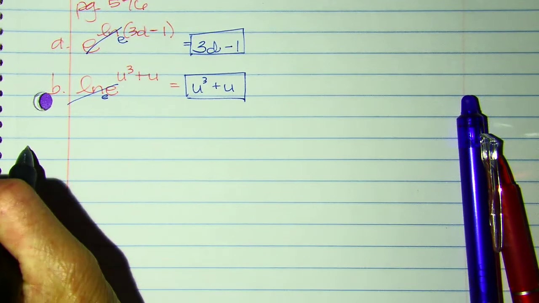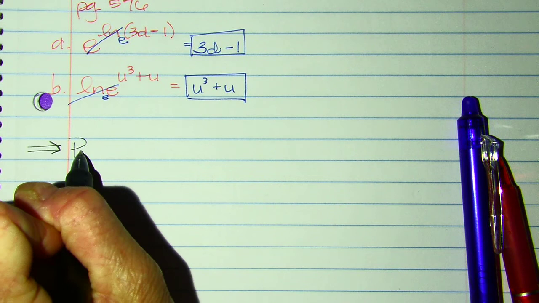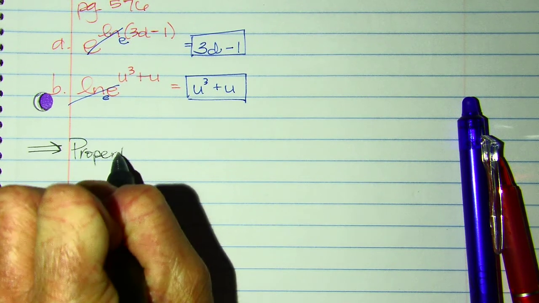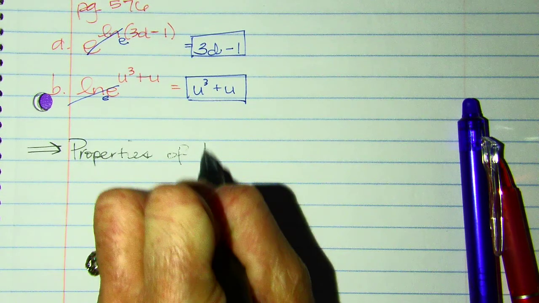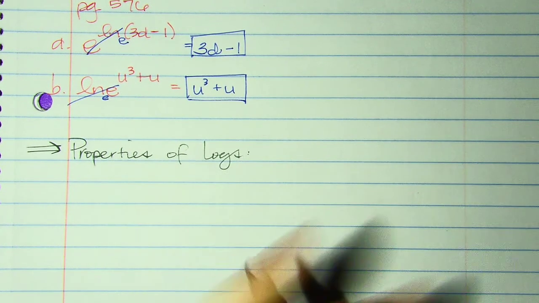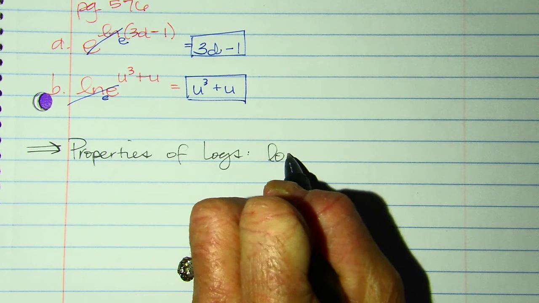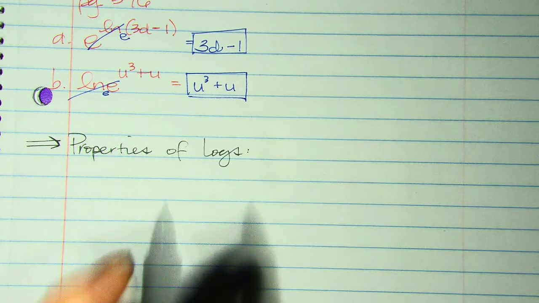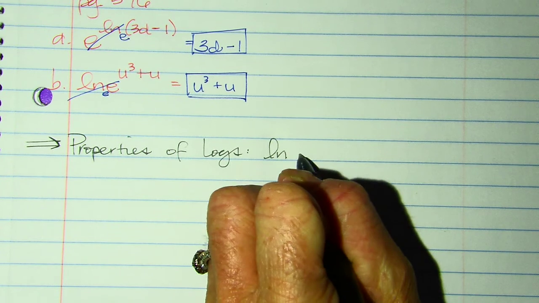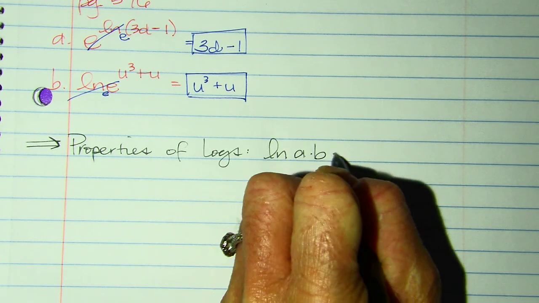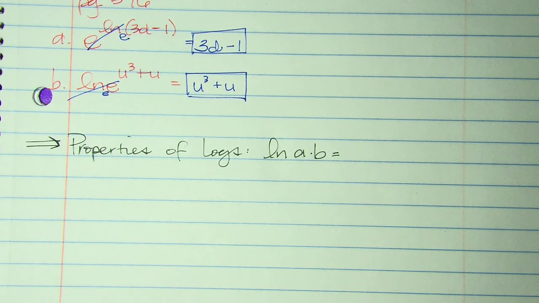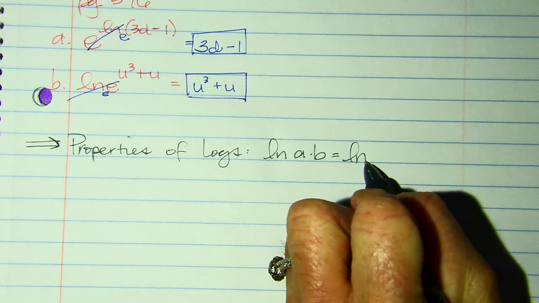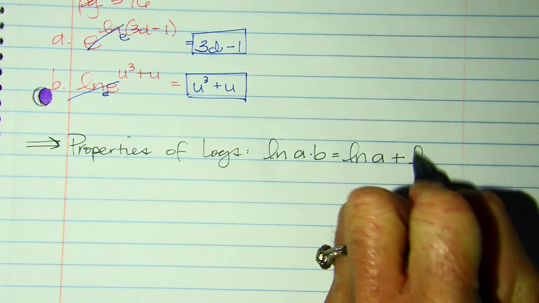In part 2, we're going to review the properties of logs. There are 3. The first is the product property. Sorry, I almost wrote the base 10 log. So ln of a times b. When I have a product, I can write these as 2 separate logarithms by separating it with addition.